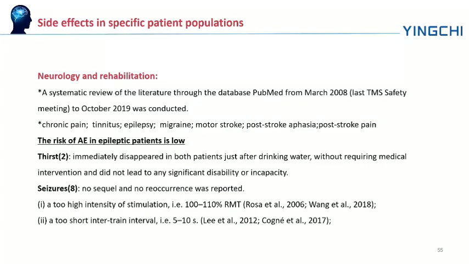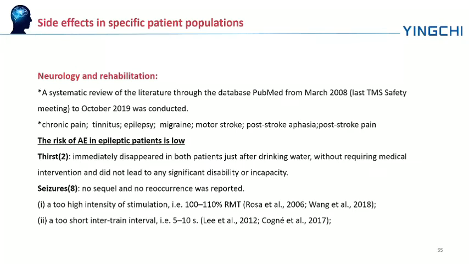As for side effects in specific patient populations, such as patients with neurology and rehabilitation needs, like stroke, PD and AD, a systematic review has been conducted on chronic pain, tinnitus, epilepsy, migraine, motor stroke, and post-stroke aphasia. The risk of AE in epileptic patients is low.